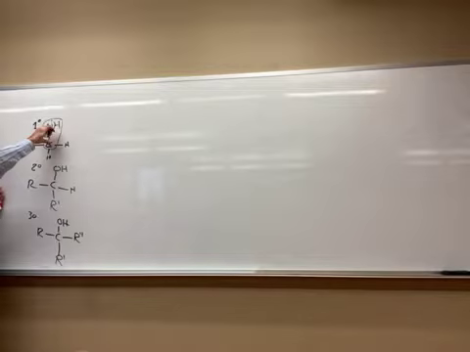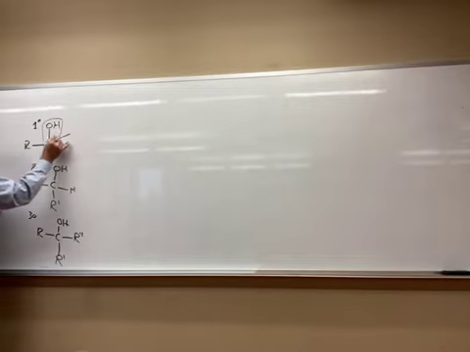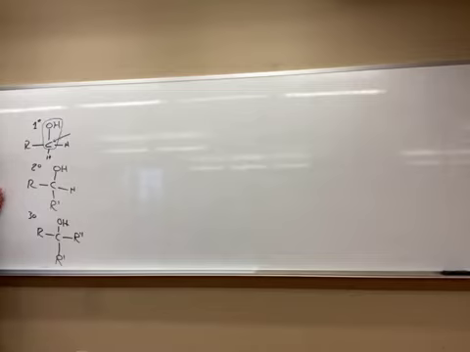So this is my special carbon. This carbon has 1 carbon connected to it, therefore it's primary. The special carbon here has 2 carbons connected to it, therefore it's secondary. And likewise, this carbon has 3 carbons connected to it, therefore it's tertiary.